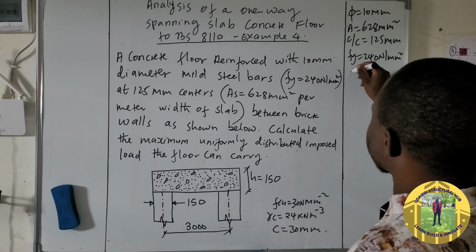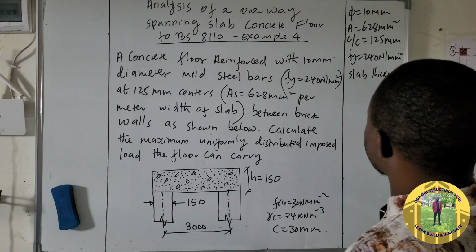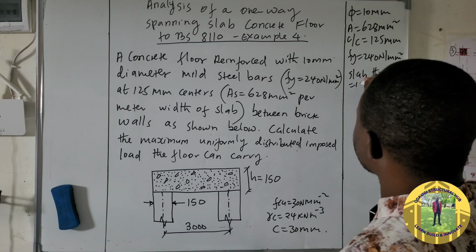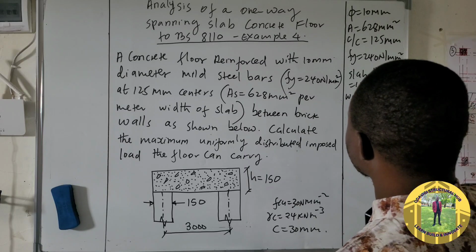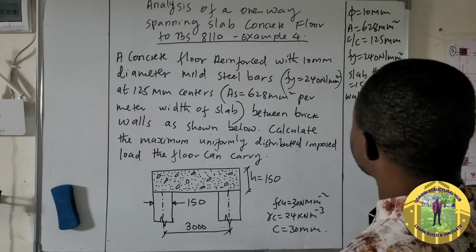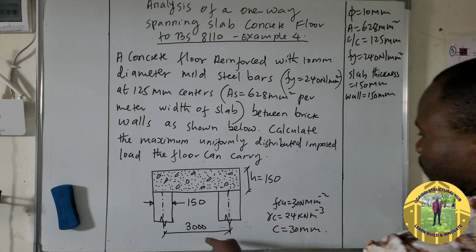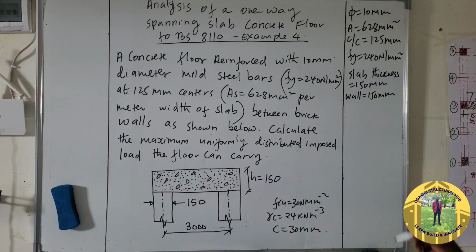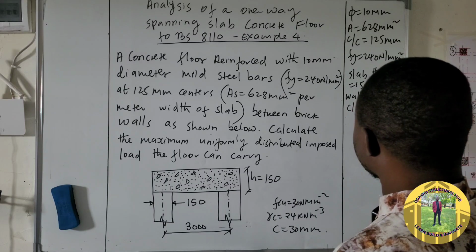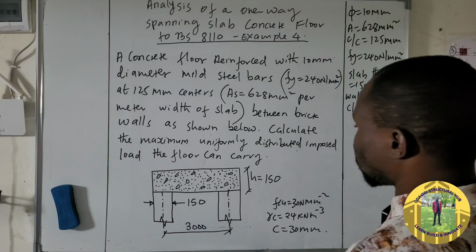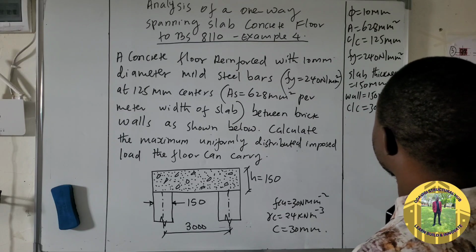So slab thickness is equal to 150 millimeter, and the wall is equal to 150 millimeter. Center to center distance of the two walls is equal to 3000 millimeter.